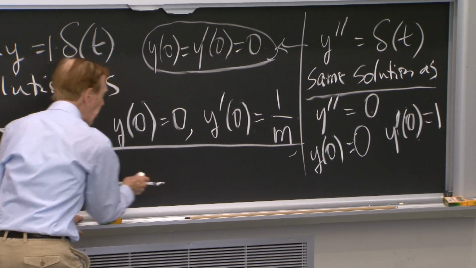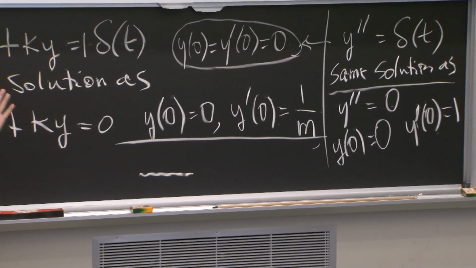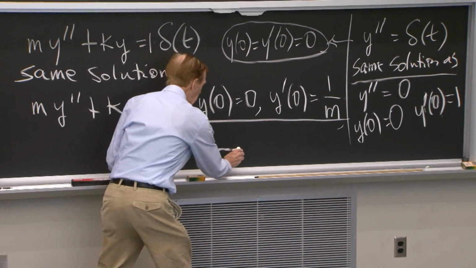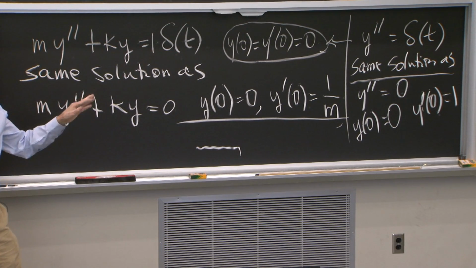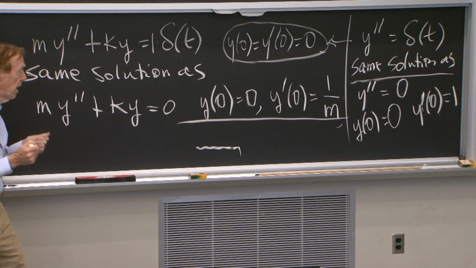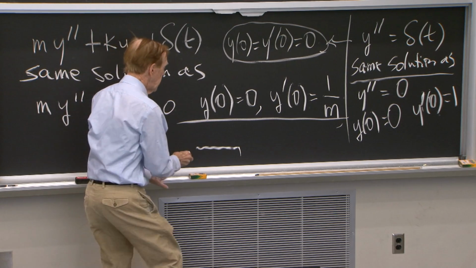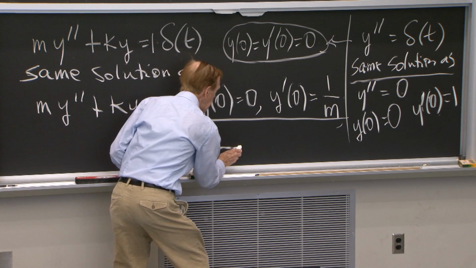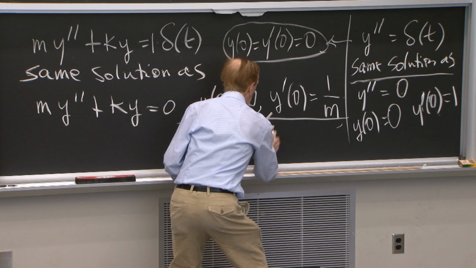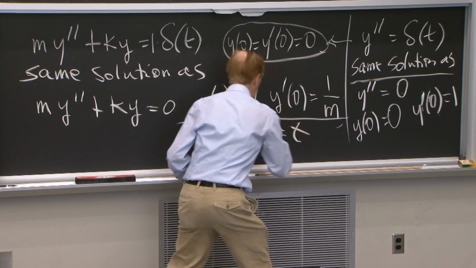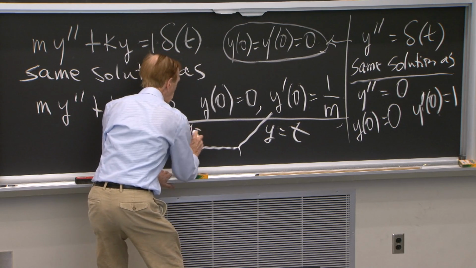It's 0. Everything in this course is 0 up until time 0. At time 0, in this example, all the action happens. What happens is it gets a velocity of 1, and the solution is y equal to t. Y is 0 here, of course.